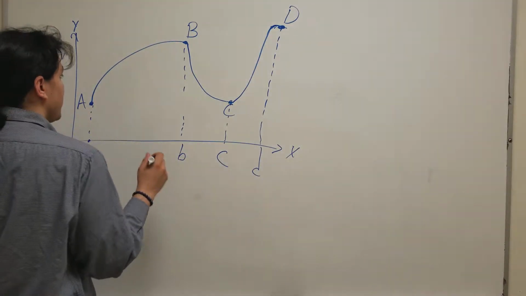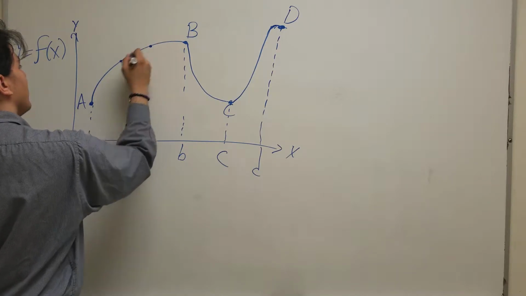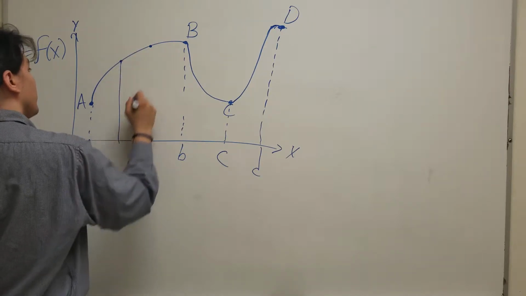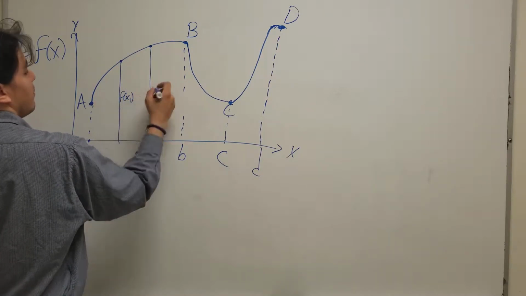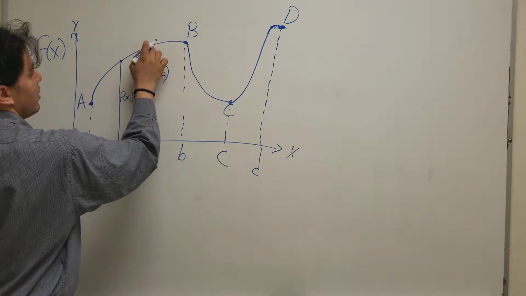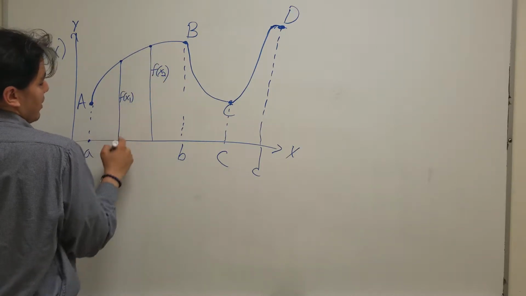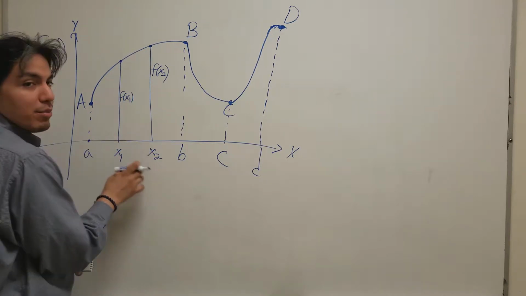Now, what's interesting is, let's say I pick another point here and here, right? This would count as the function f of x1, and this is f of x2 from this point here. But as I go down, there's this little point x1 and x2 here on that same interval.